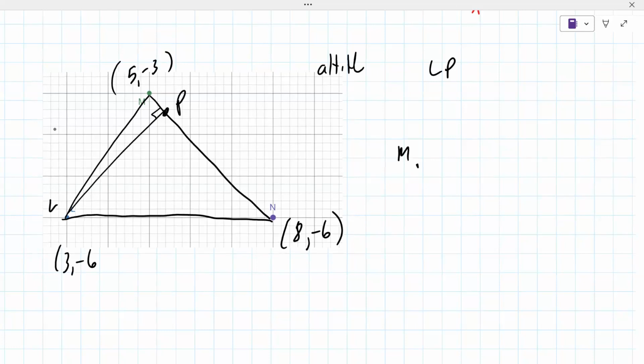I want you to first find the slope from M to N. This is 3/3. What does that reduce to? 1. Reduces to 1, good.